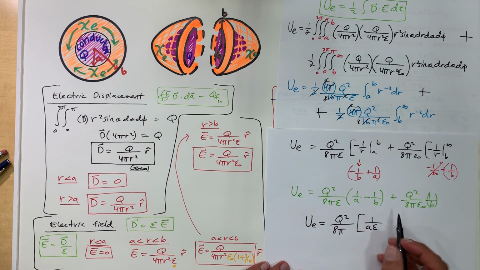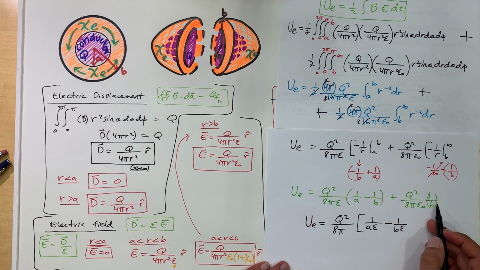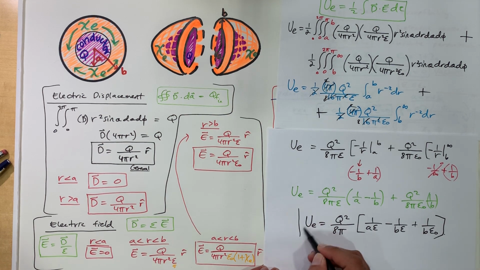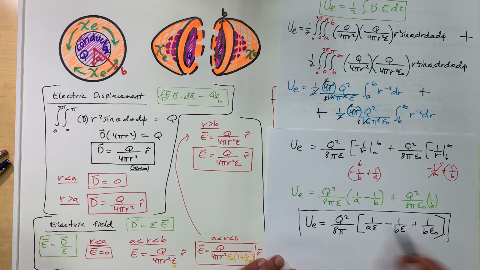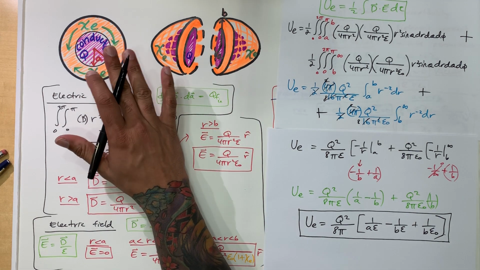If I distribute it into there, we got minus 1 over b epsilon. And then this last part was left with plus 1 over b epsilon naught. And I think that is it. So this is the total energy, the energy stored for the dielectric field capacitor.